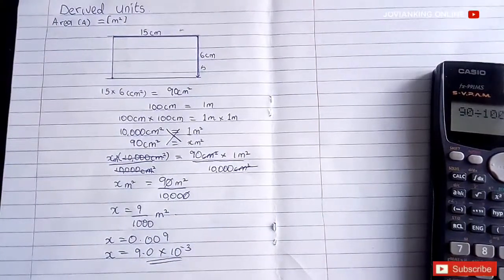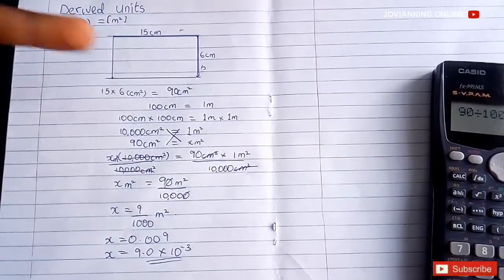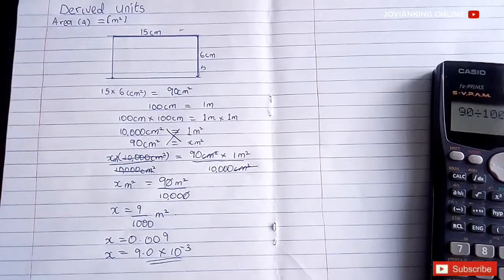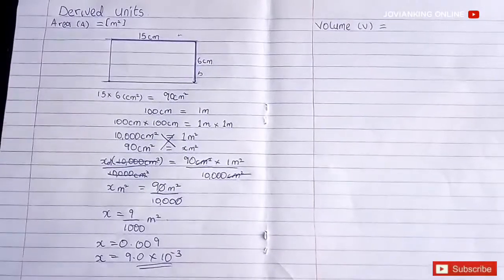It depends on the form in which you wish to leave your answer. So from here we have that the area of 15 cm by 6 cm gives us 9.0 times 10 raised to power minus 3 meter square.